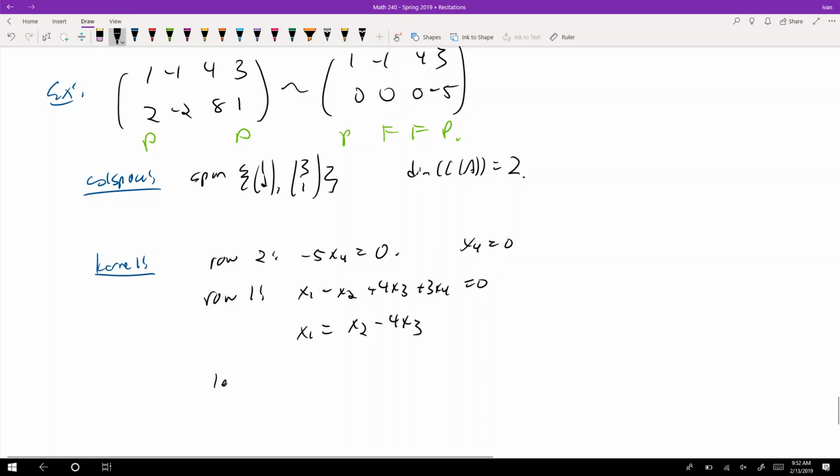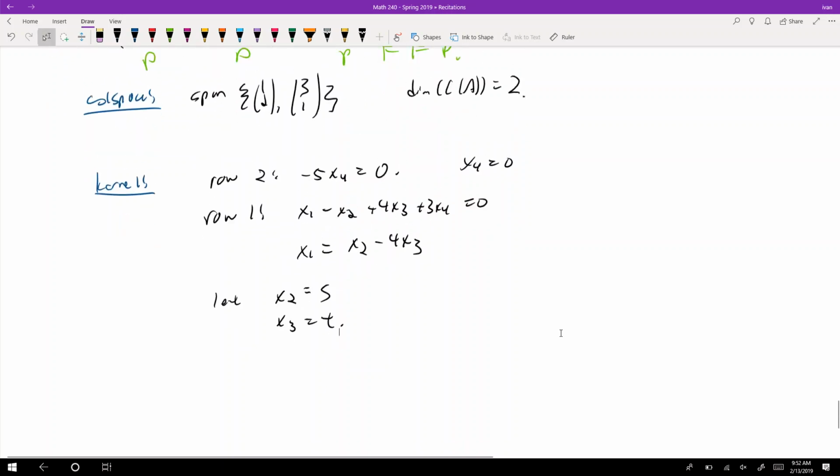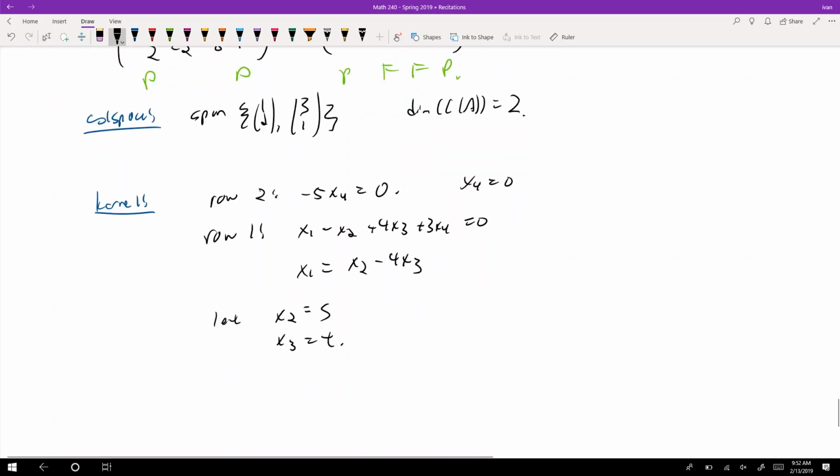So if we let x2 equal s and x3 equal t as our free variables, we get that the kernel is x equal to: x4 is 0, x3 is t, x2 is s, and x1 is s minus 4t.